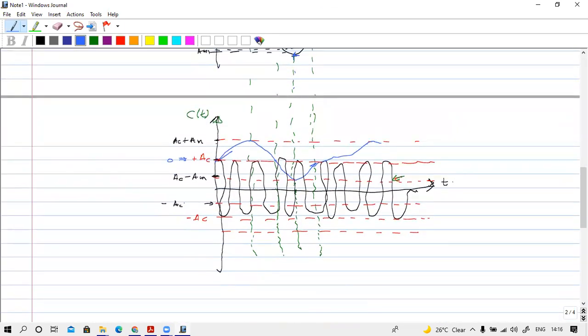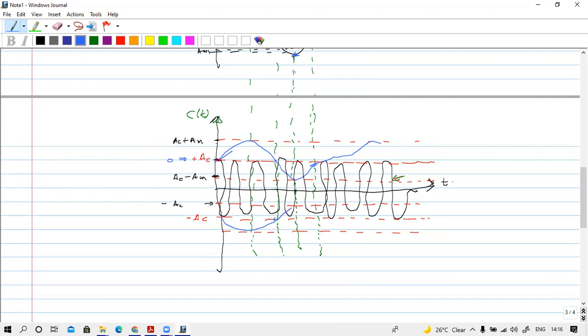So here it is starting from here, and it goes like this, and then it comes to the 0 level.